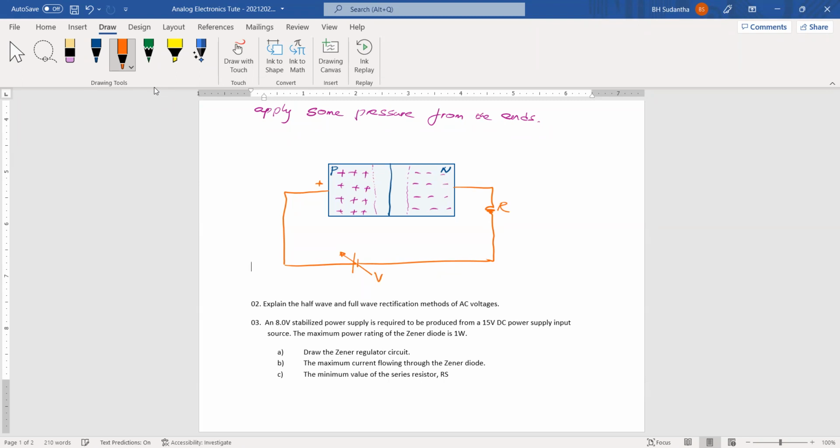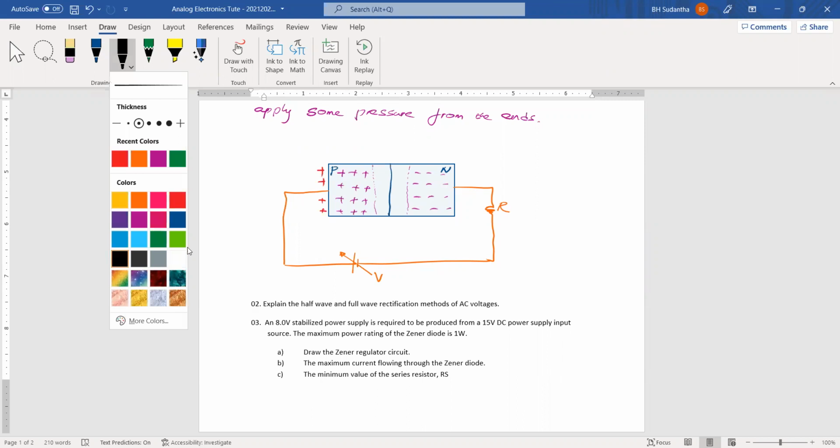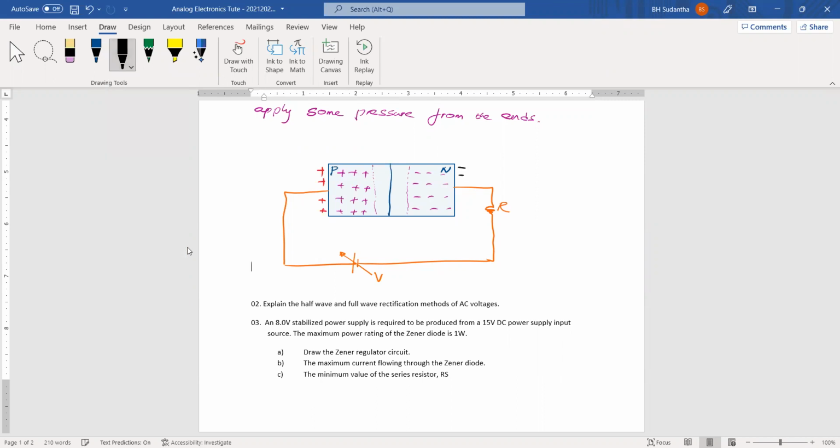Because of this arrangement, positive charges at the P-type end and negative charges at the N-type end will appear.